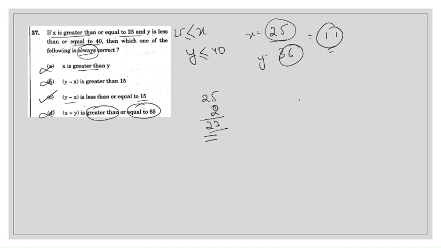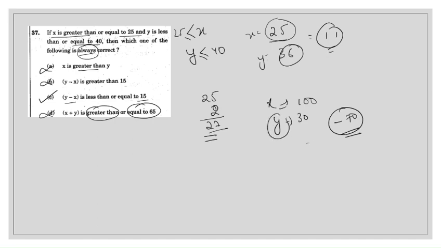Even if we take x equal to 100, suppose, they have not mentioned any criteria. They have just said that x should be greater than or equal to 25. So if we take x equal to 100 and y equal to 30, then y minus x will be equal to minus 70, which is again less than 15.